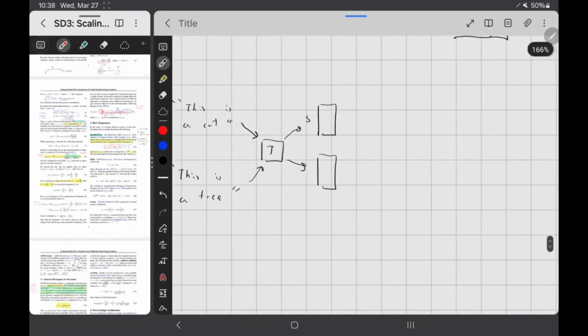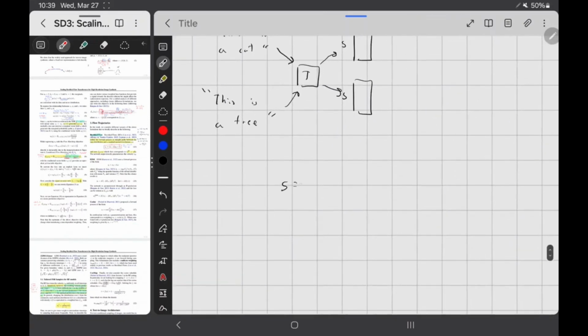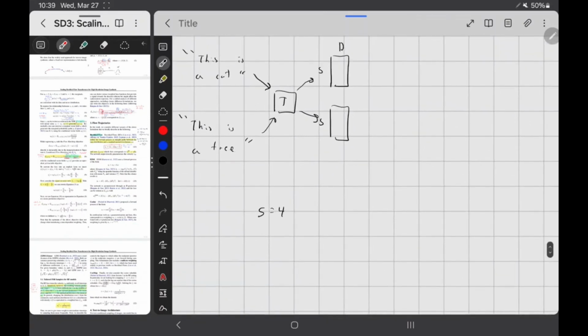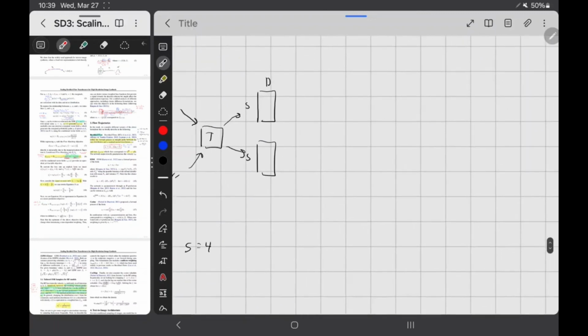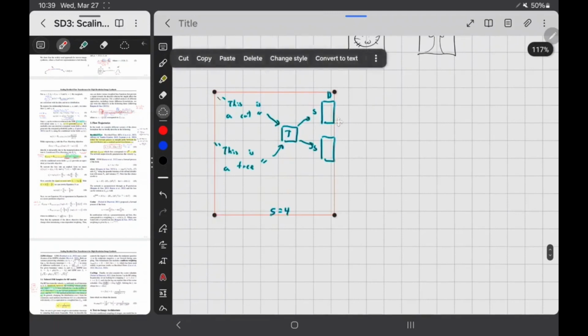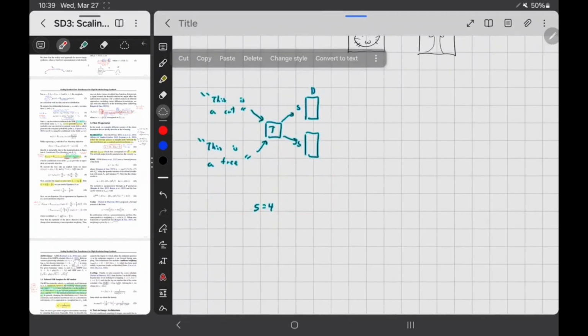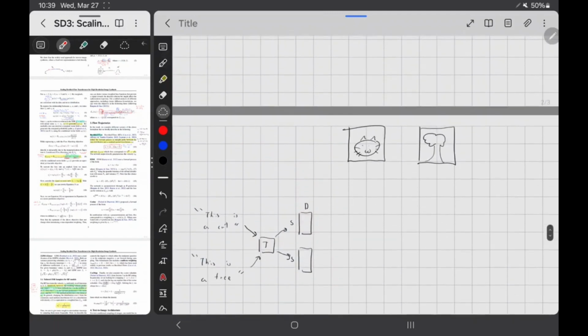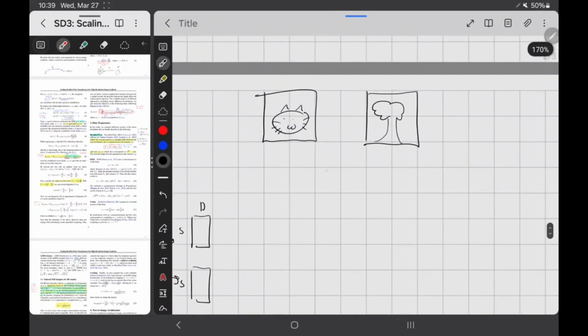So in this case, it'll be S by D, where S is equal to 4 in this case, because there's 4 words. It could be something else, but intuitively it could be 4. I'm gonna move this over. Now you have a separate image encoder, which is probably also a transformer because everything's a transformer.